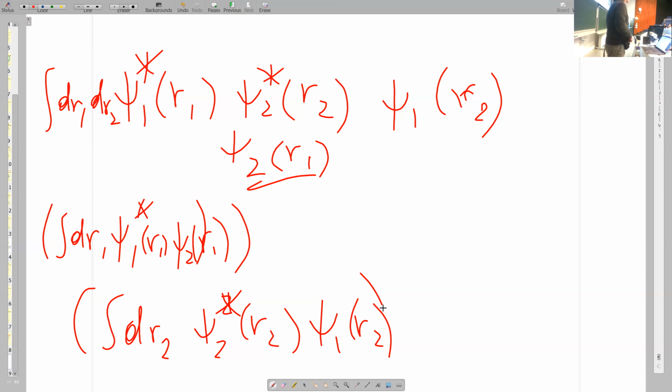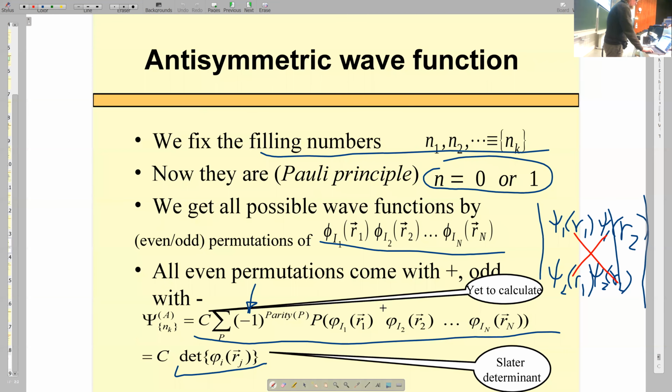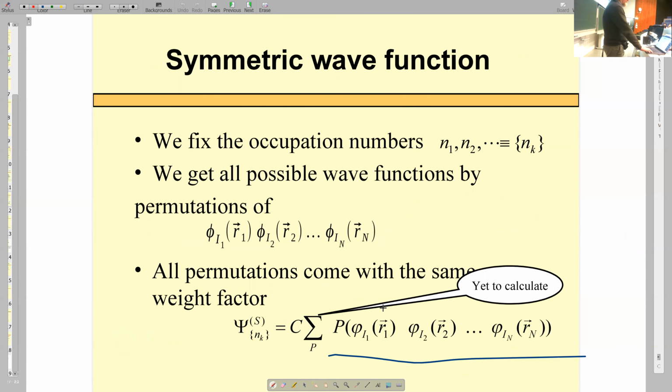Fine. If there are no further questions, yes, please. A few slides back, there was a symmetric wave function. We said that the wave function can be described by a permutation of the state, and they all come with the same wave factor. But then here we have an expression for the wave factor which depends on the occupancy of any K box. Yeah. First of all, we fix occupation numbers. So we don't take all possible wave functions.